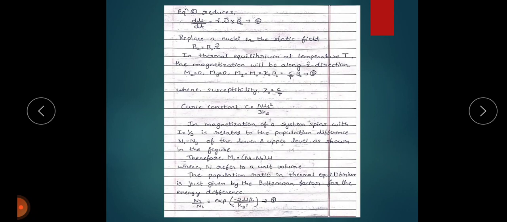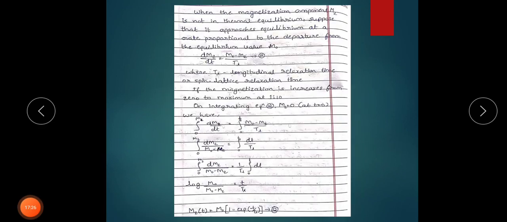Integrate equation number 10. We can write the expression by taking the limit as 0 to Mz.